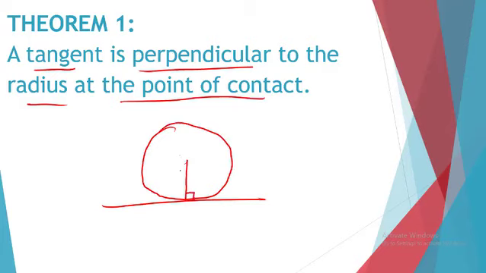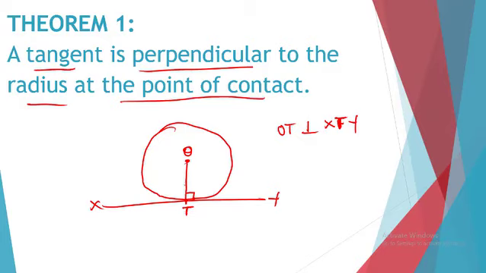This is our center, let's call it O, and this is our X, this is our Y, this is our T. Now you agree with me that line OT is perpendicular to XTY. Perpendicular means it bisects it into two parts.